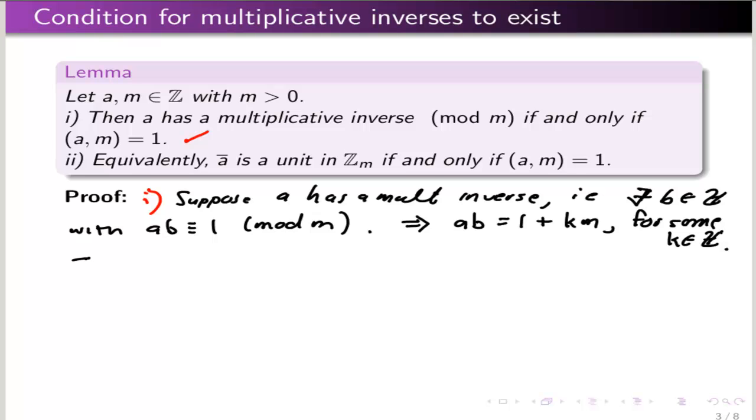And thus we have a linear combination adding up to 1, that A times B minus k times M equals 1, and that implies that A and M are relatively prime.